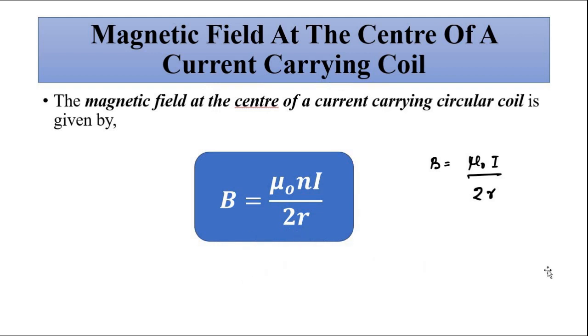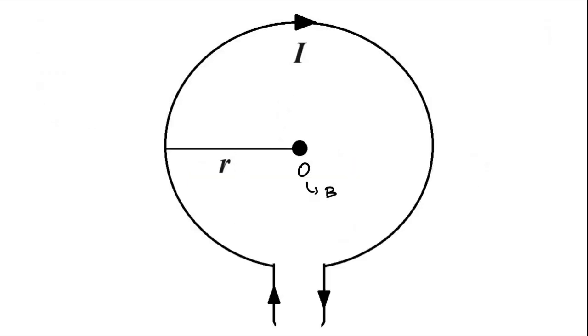So as many number of turns, it will become mu 0 N I by 2R. For single turn coil, it is mu 0 I by 2R. R is the radius of the coil, the distance from the center to the circumference of the coil.